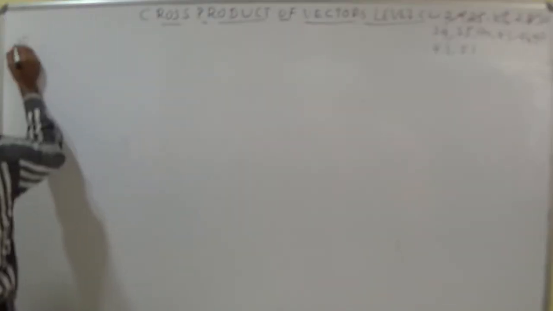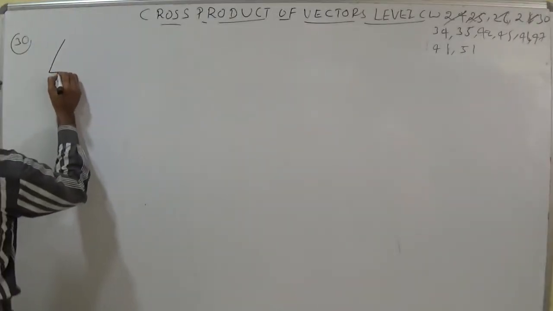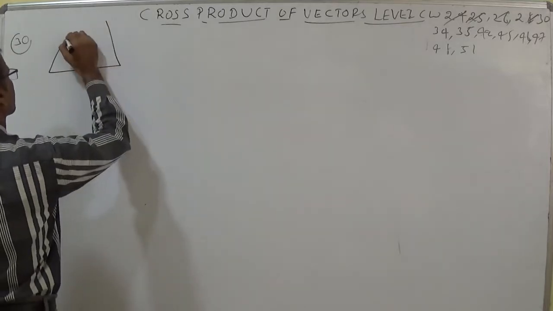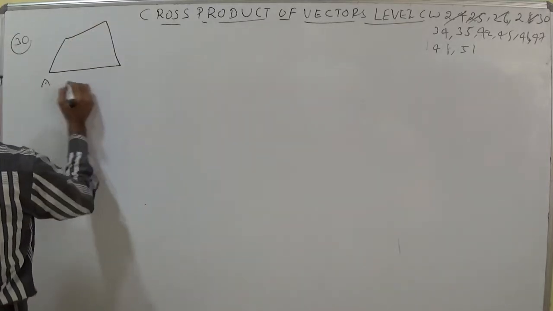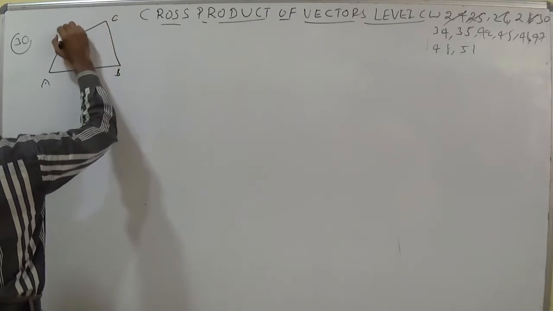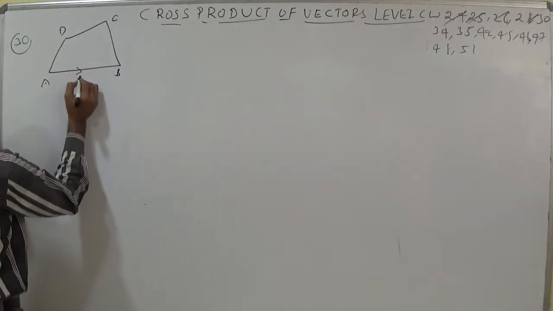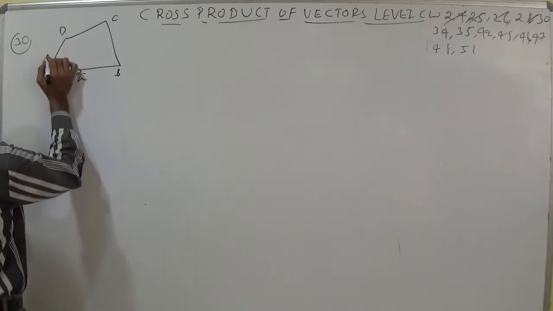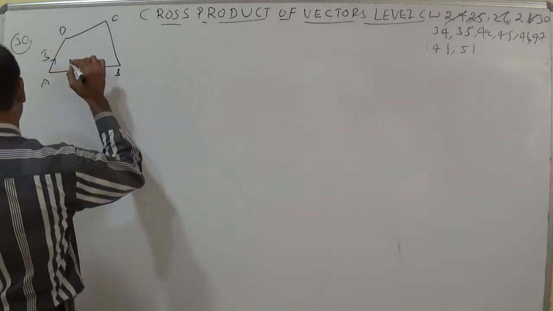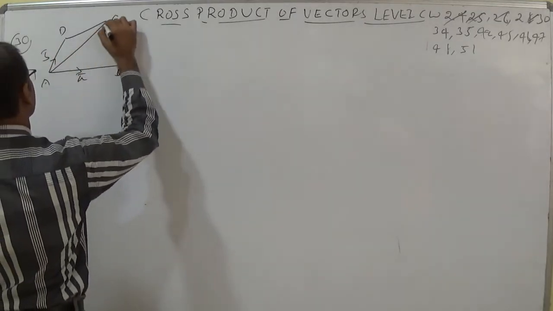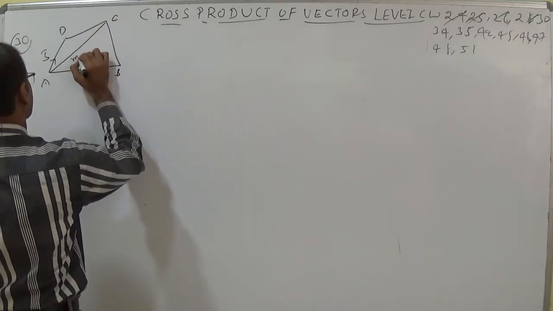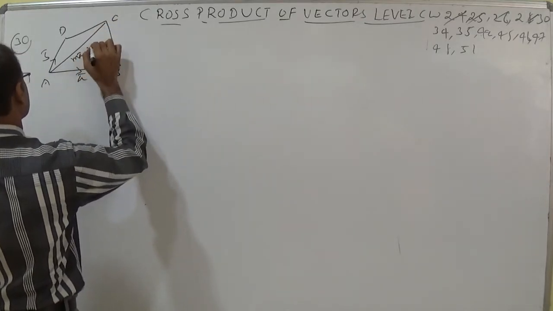In the 30th question, ABCD is a quadrilateral, AB is equal to a bar, AD is equal to b bar, and AC is equal to m a plus n b.